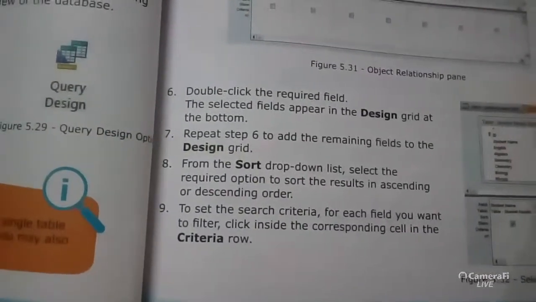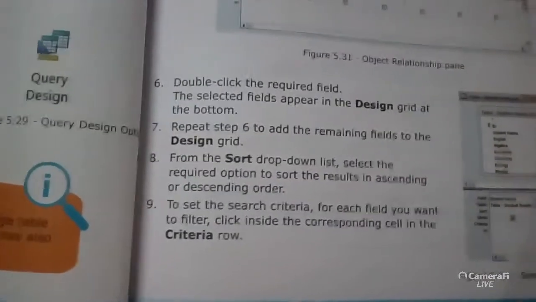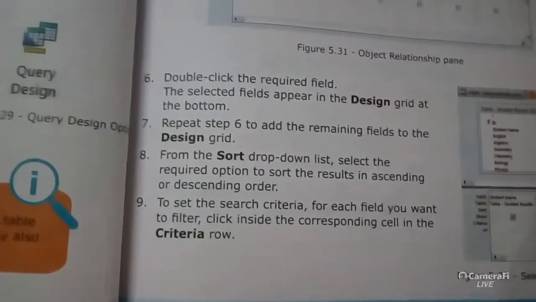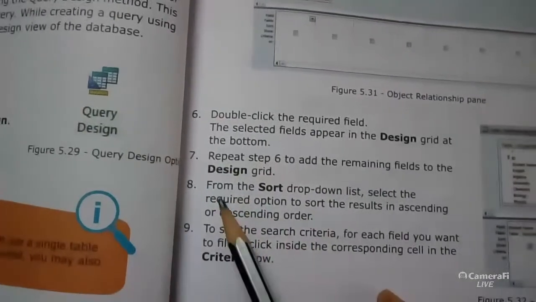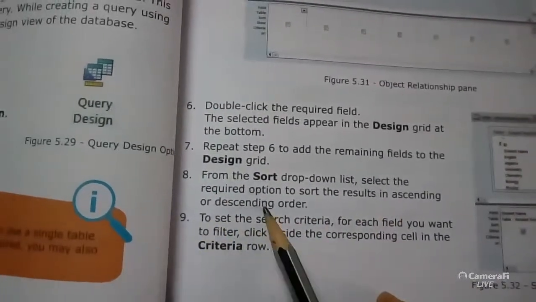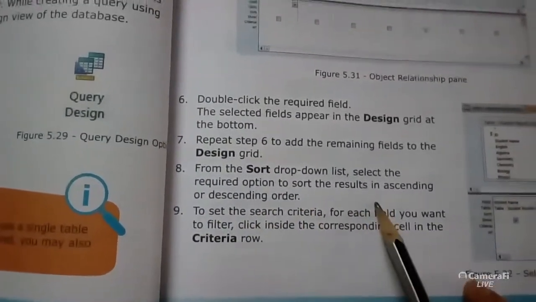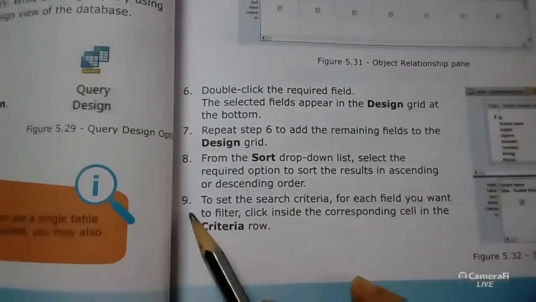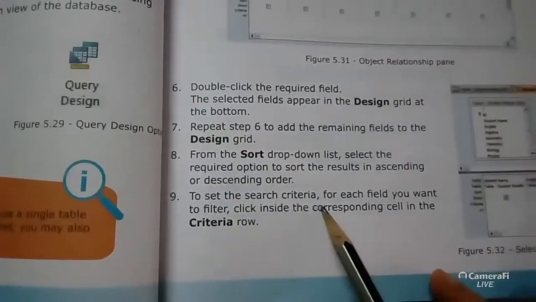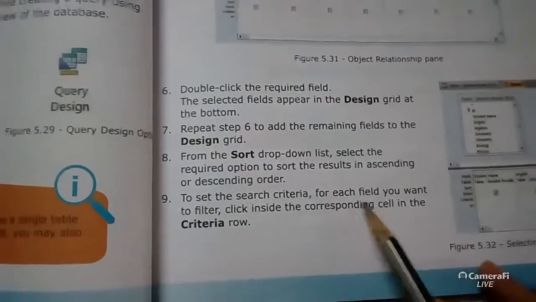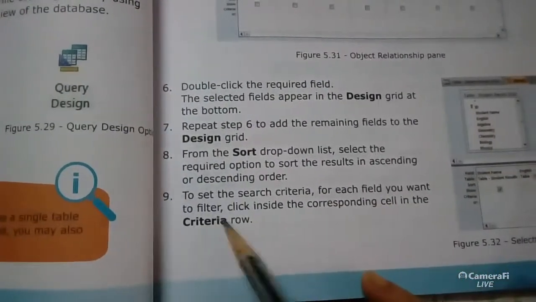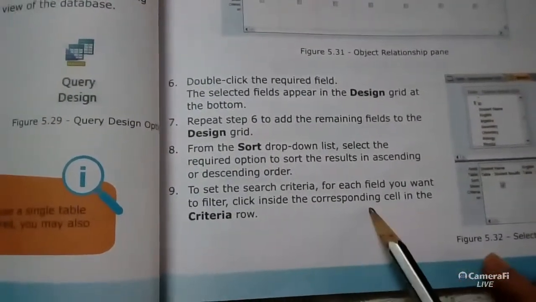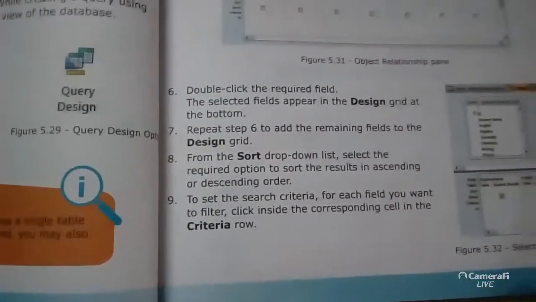Ascending means A to Z and descending means Z to A. Okay. 9. To set the search criteria for each field you want to filter, click inside the corresponding cell in the Criteria row.